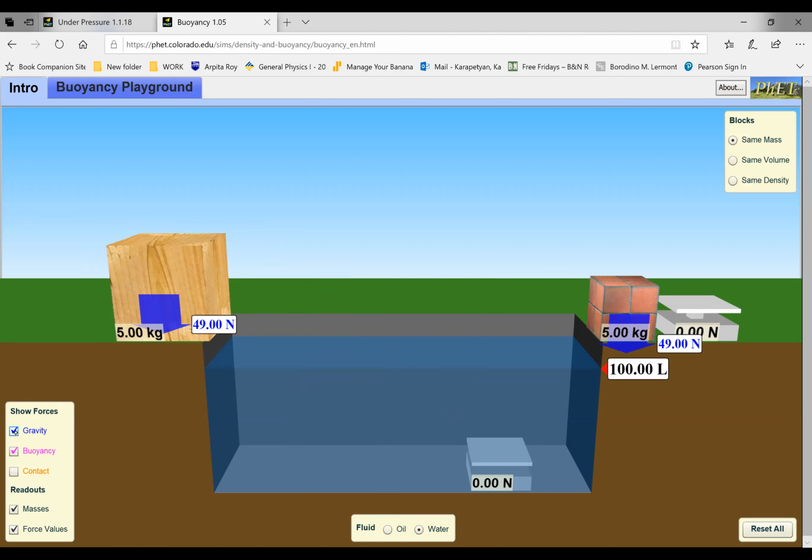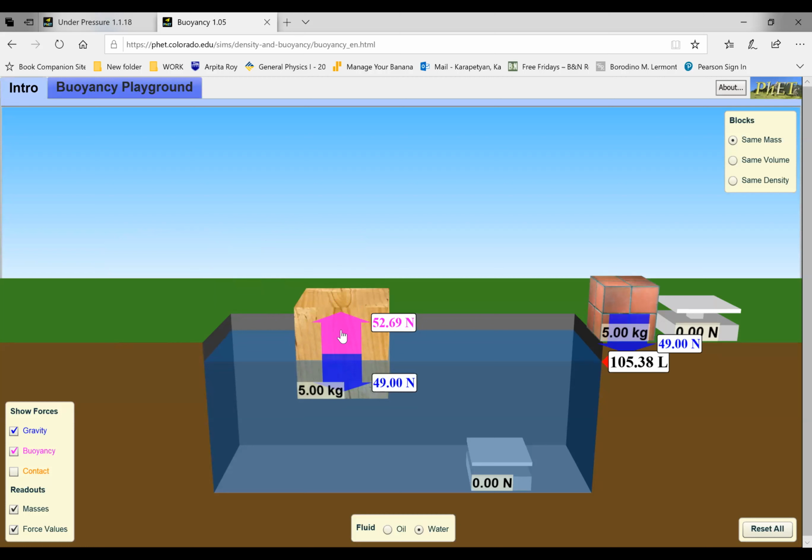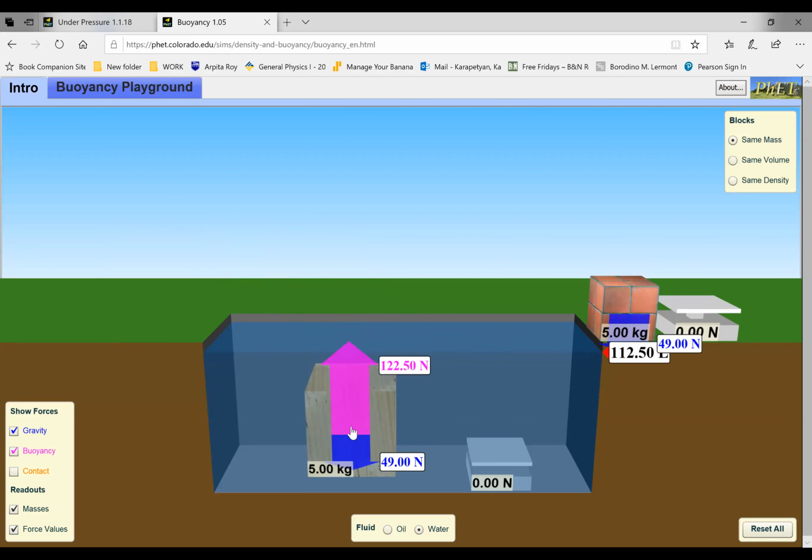Let's say buoyant force and gravity. Let's say the wooden block is 49 newtons. When I immerse it completely, its weight doesn't change, 49 newtons. But the buoyant force is 122.